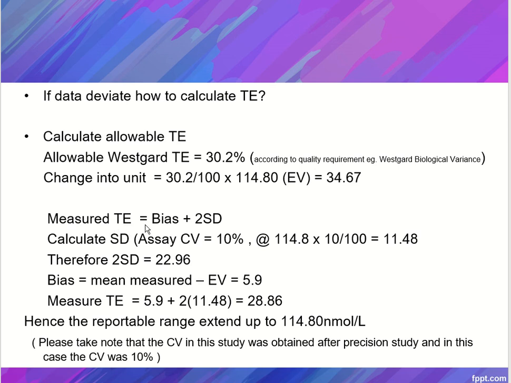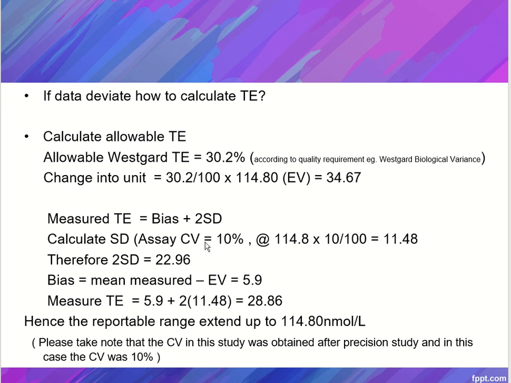And then afterwards, you measure your total error on that concentration using this formula. Measured total error equal to bias plus 2SD. So you can use the SD from your previous precision experiment, remember? For example, when I did the precision experiment, I got the CV of 10%.